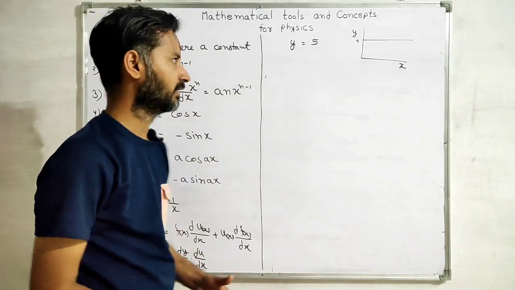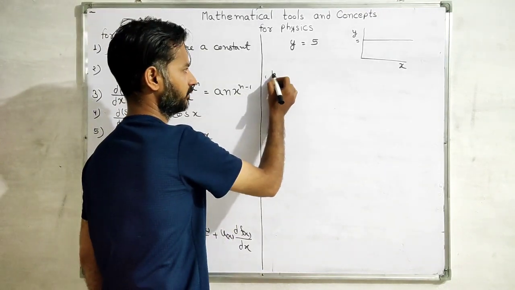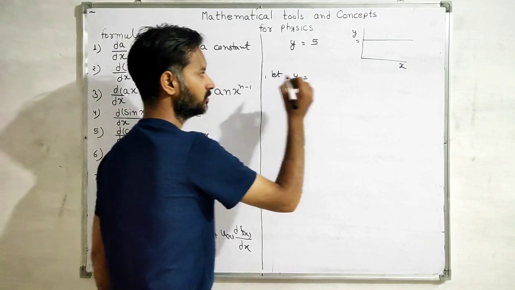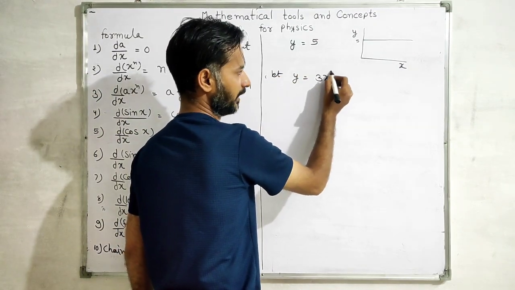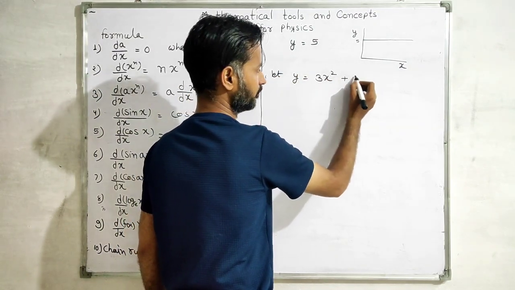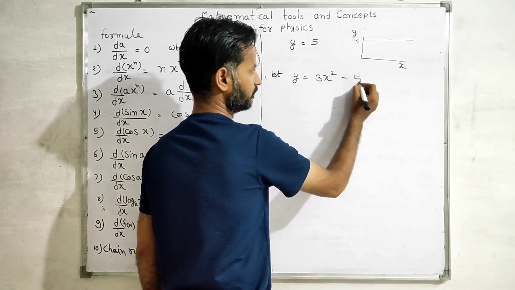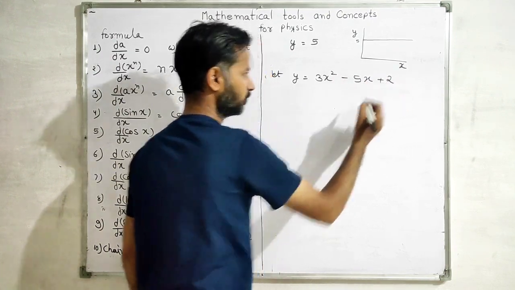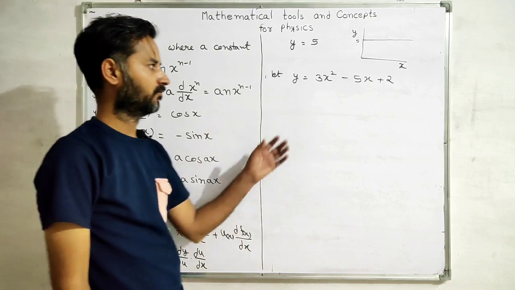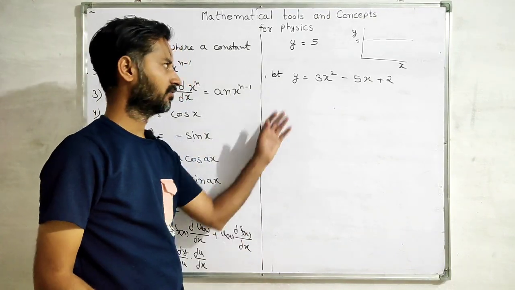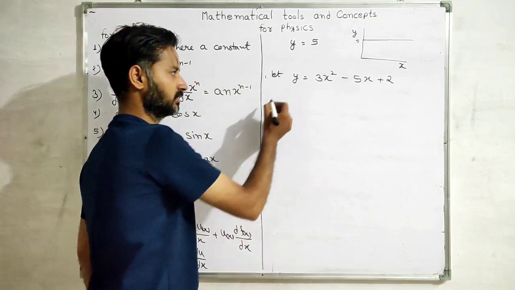Let's take another example. Let y is equal to 3x square minus 5x plus 2, and we want to find the derivative of y with respect to x.